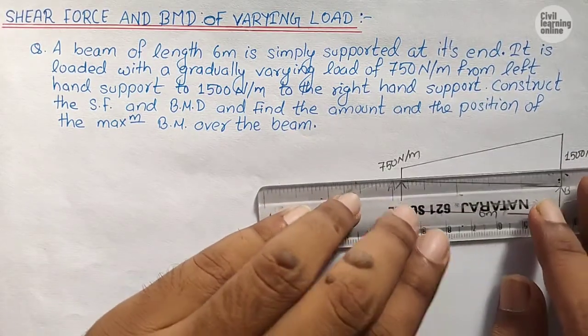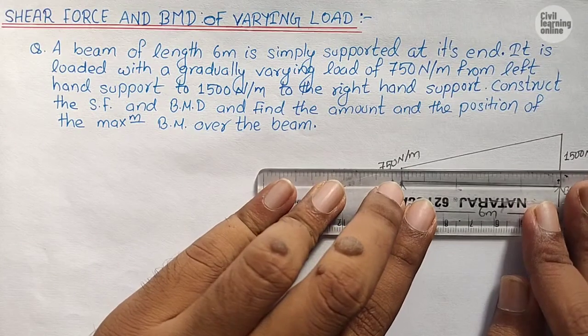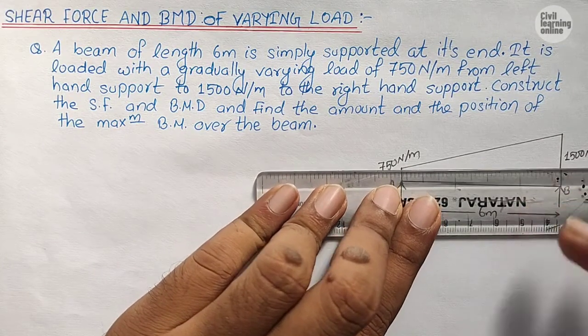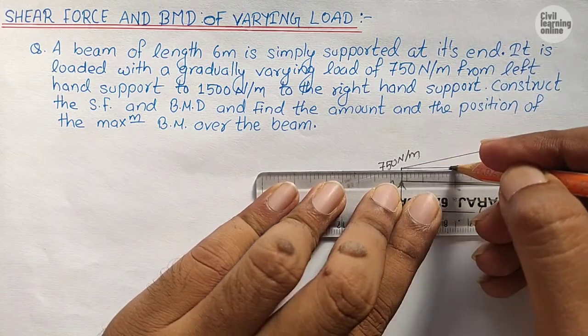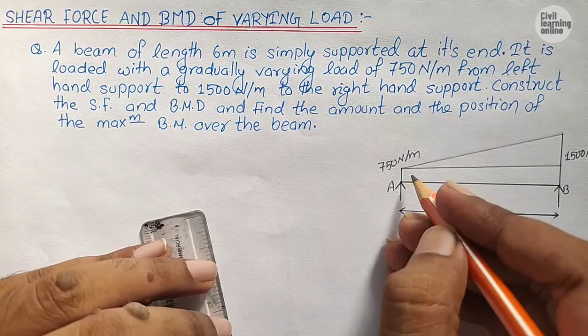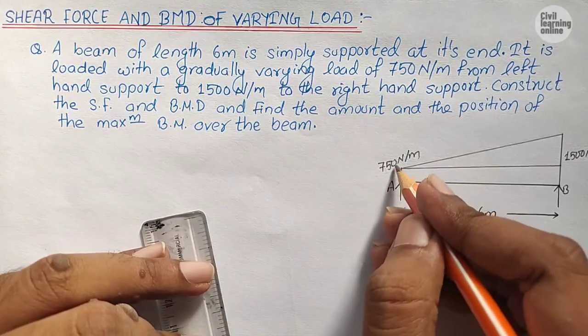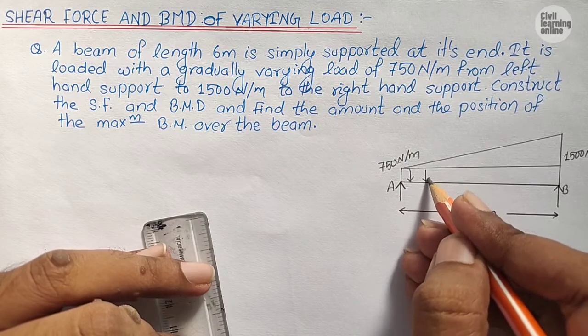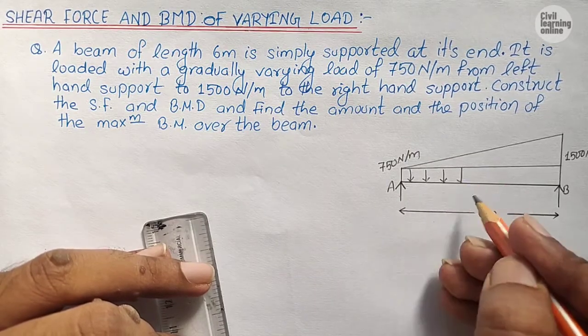Now let us divide the loading into two parts and see what we get. You can see here this 750 Newton per meter is uniformly acting over the whole span of 6 meter.